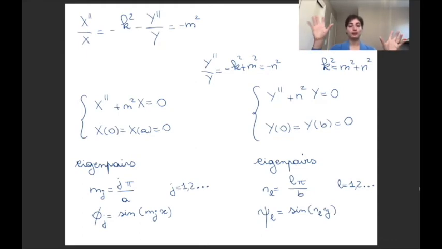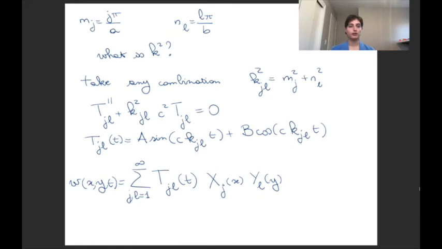Anyway, now we have the eigenpairs for y and the eigenpairs for x. Combining them gives us values for k, because the eigenpairs for x give us the value for m, the eigenpairs for y give that value for n, and we can combine them in any way to create a k squared that fits in our initial equation. So we have m_j and n_l.